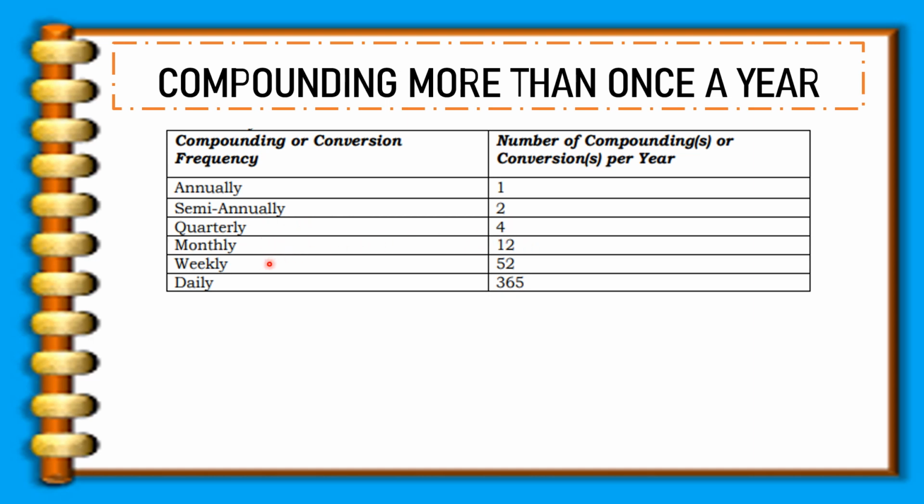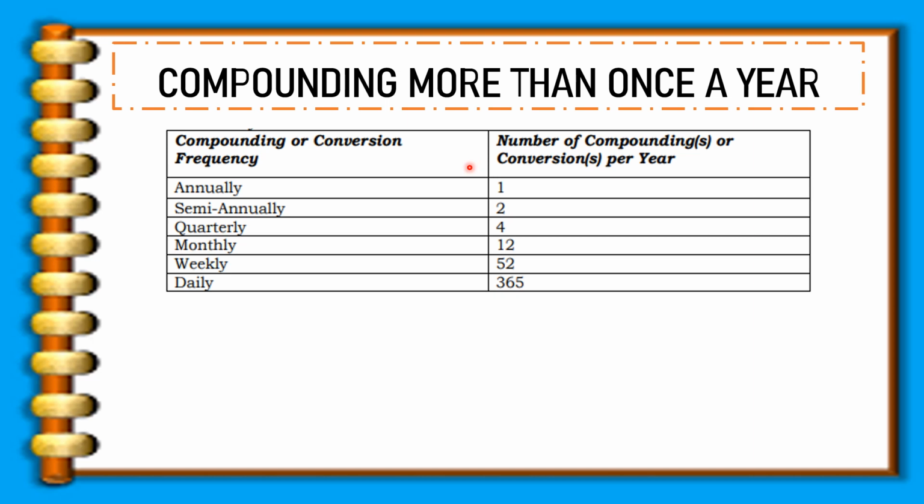Monthly, 12. Weekly, 52 times. Daily, 365 times. The number of conversion periods for 1 year is denoted by small letter m. So the possible values for m are the following: 1, 2, 4, 12, 52, 365.